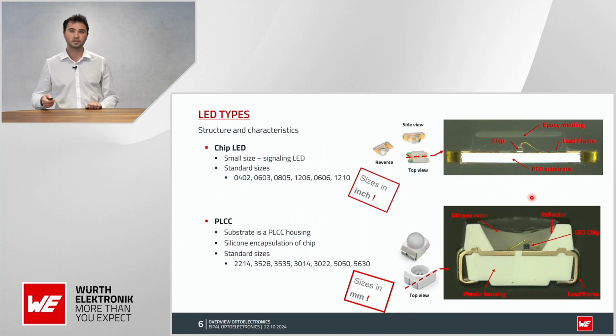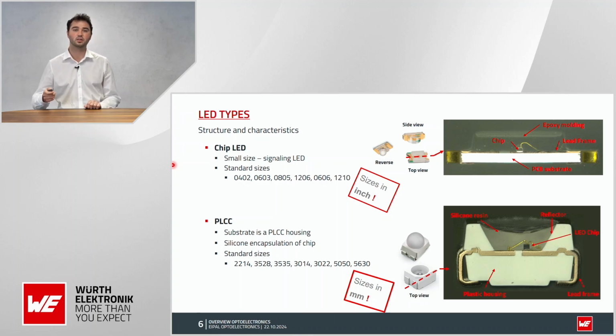So here is an overview of different LED types. First, I want to show you chip LEDs and PLCC LEDs, to give you a better understanding of what the different types of LEDs available are. The chip LEDs, this is what you mainly use in basically all applications. They are really small, use low power and are not very bright.